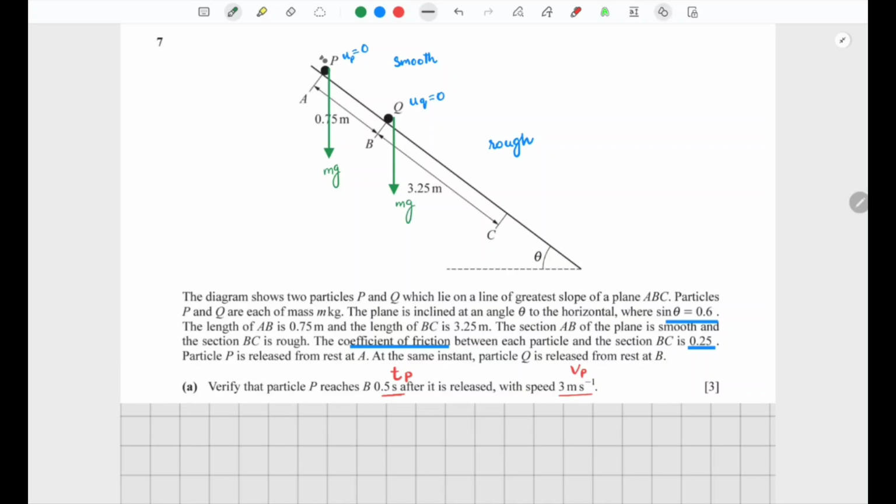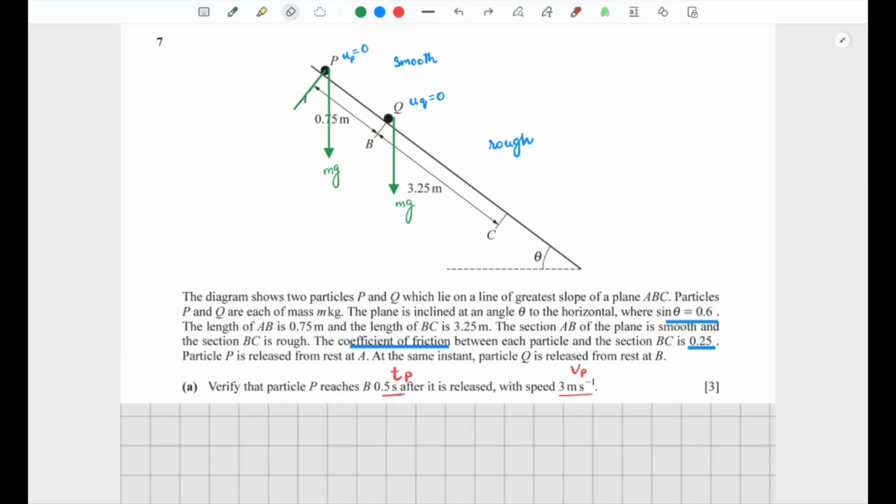Now we have to resolve it. There is one error in this.